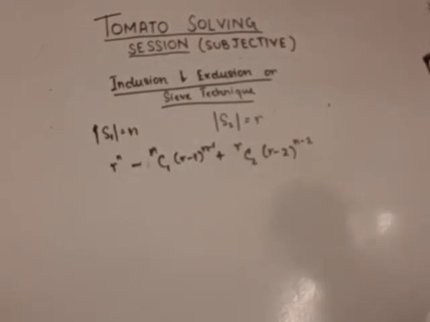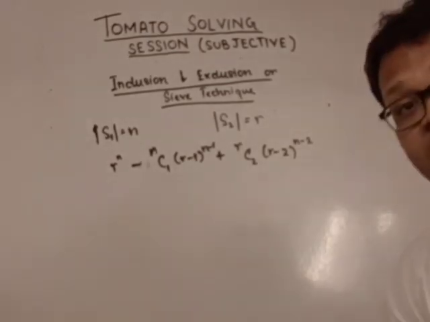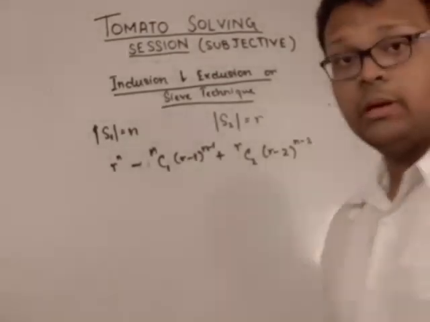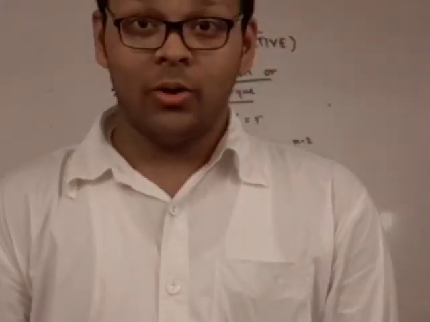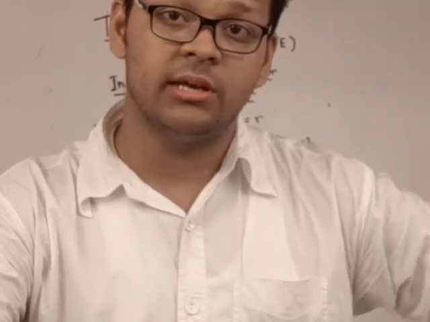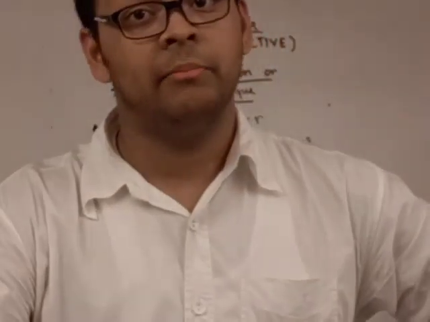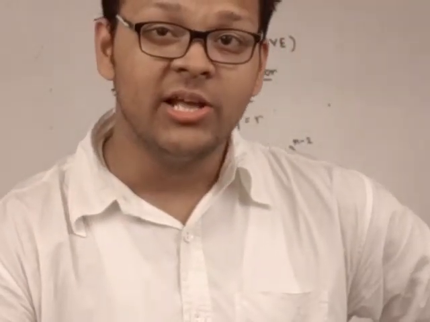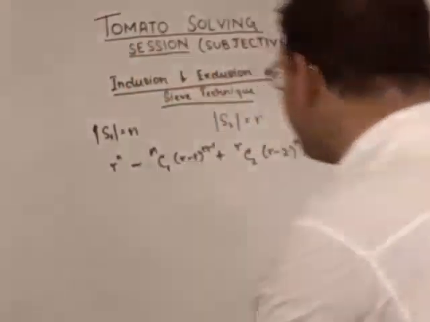Again in rC2 ways we choose, and the number of functions in this case is (r minus 2) to the power n. But again, we have also counted the cases in which three boxes are left empty, but that doesn't form an onto function. So again we get back to the same principle.